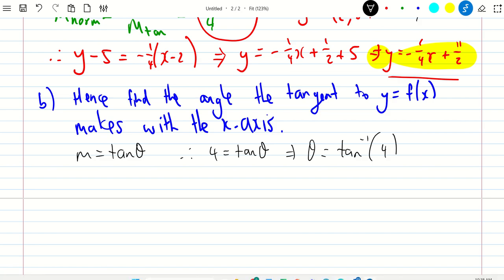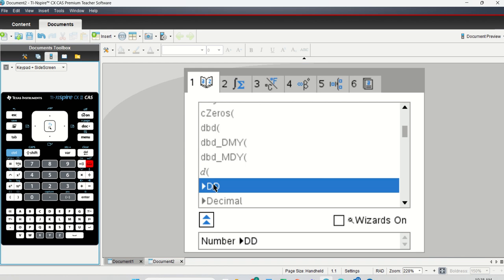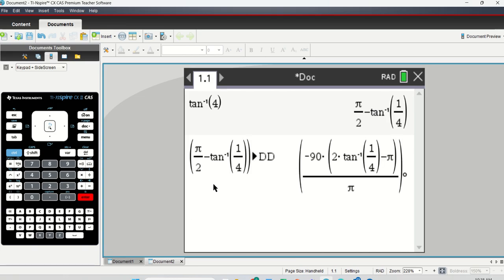Go to my trusty calculator. I want inverse tan of 4 equals. I'm in radians mode at the moment, so I need to change that to degrees. I'm going to click on the book. This is the only thing I ever use the book for, the DD function. That changes it to, sorry, not decimals, to degrees.